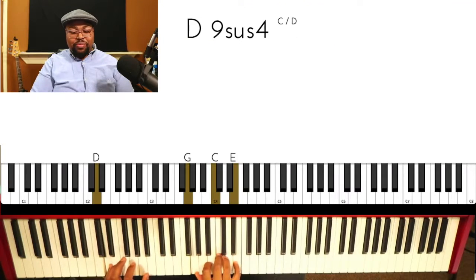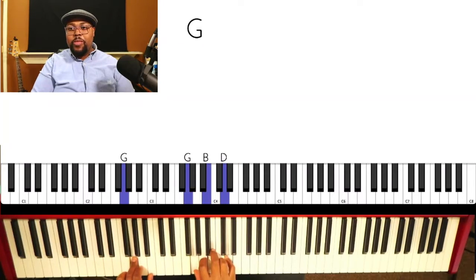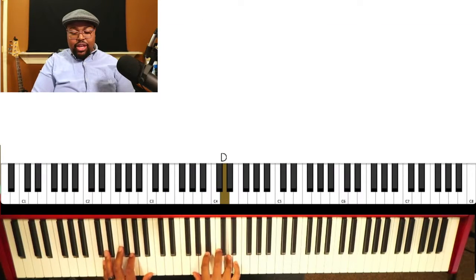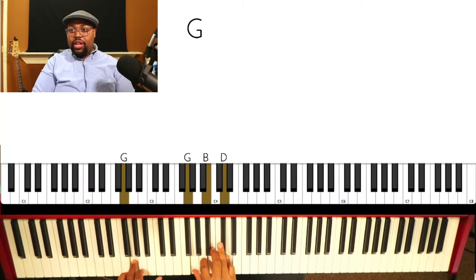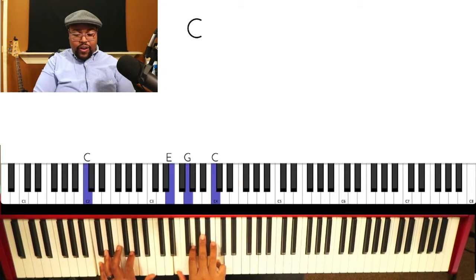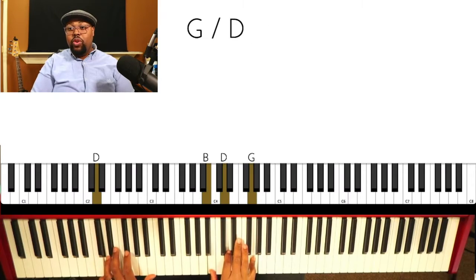So the E is on the top. So "yes, Lord." Then "yes, Lord." After that, I did a G major chord right there, which is the 5. Then to the 1, okay? So far, that's really the whole thing.